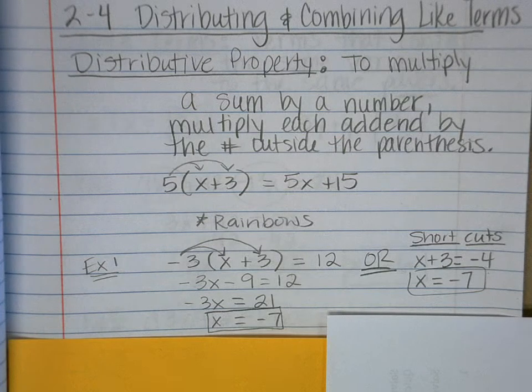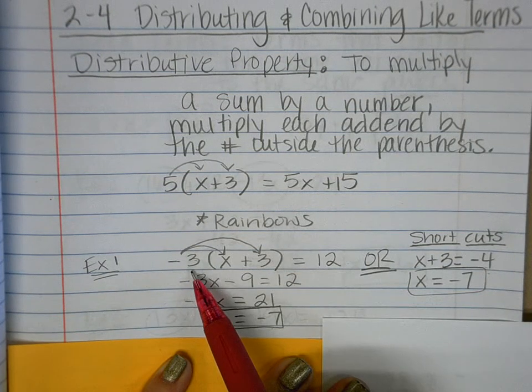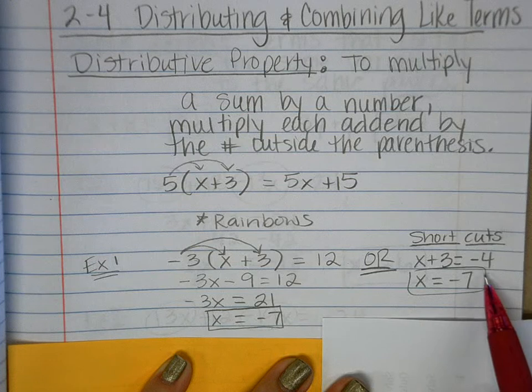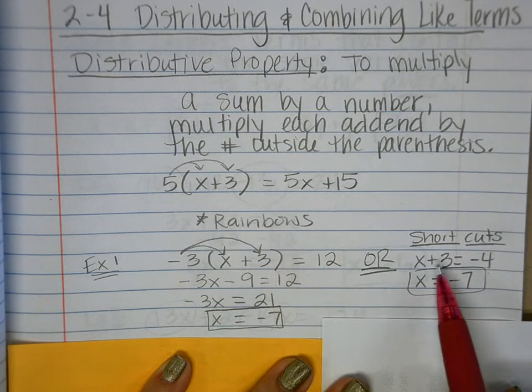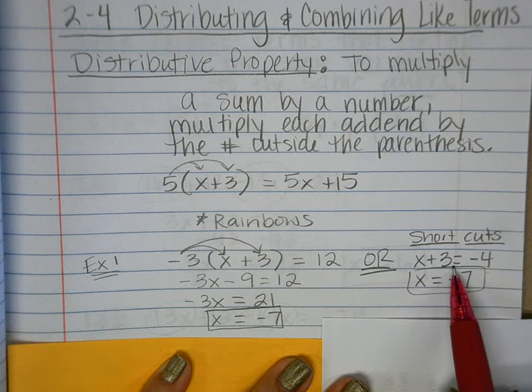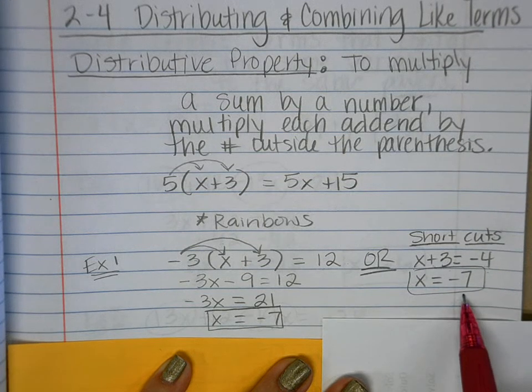Seems a little faster. I'll show you again. So here's the negative 3, right? Negative 3 goes into 12, negative 4 times. So then I just write x plus 3 right here. Subtract 3 from both sides and I get negative 7. Is that what I got here?